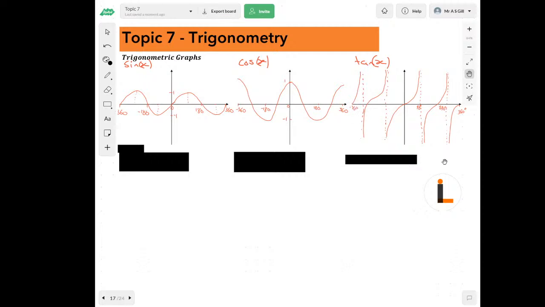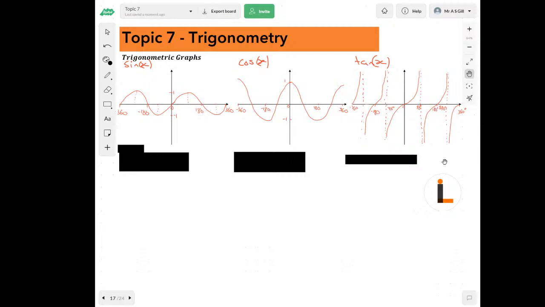This middle line is a little bit off, so I'm just going to redraw that. It should cross the axis about halfway through. There we go, that's much better. So minus 180 there, and 0 here. And then we've got minus 90 degrees here, and we've got 180 degrees here.